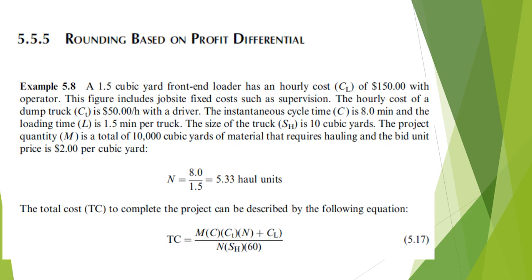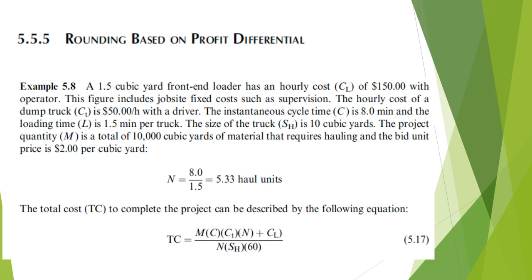And cost includes the cost for overhead, which is the supervision. If also you have dump trucks that are $50 an hour with a driver, and that's about right, about $25 for each piece of equipment.